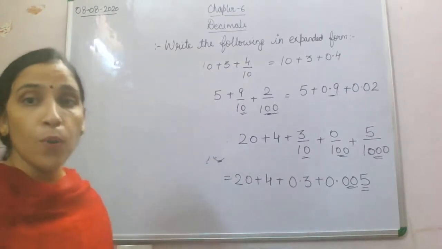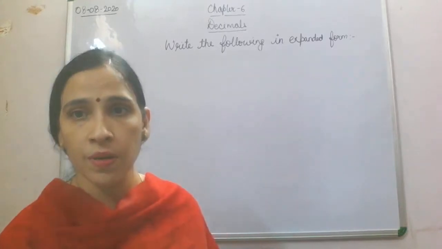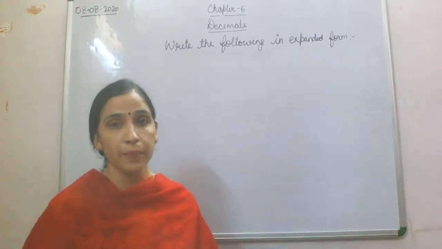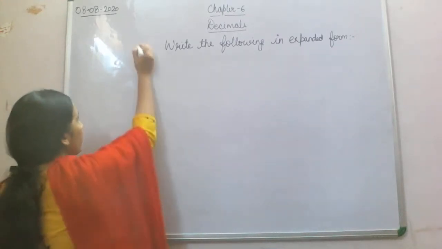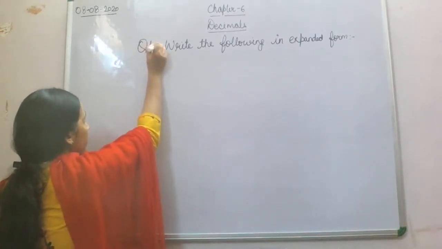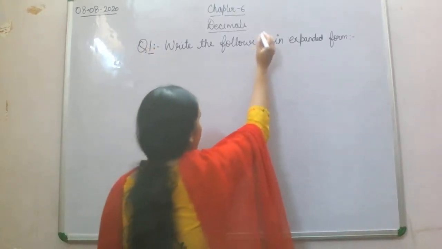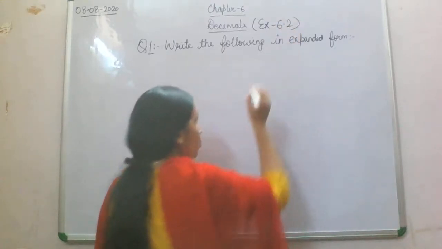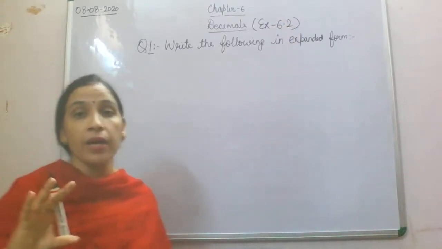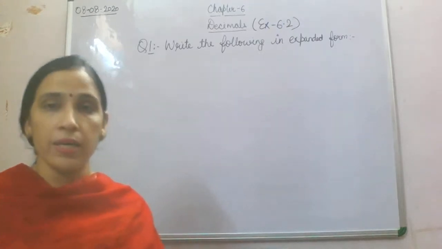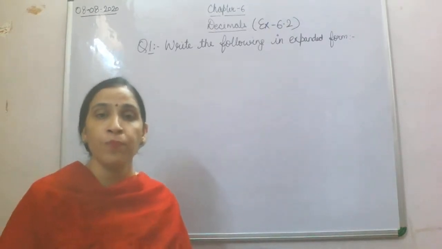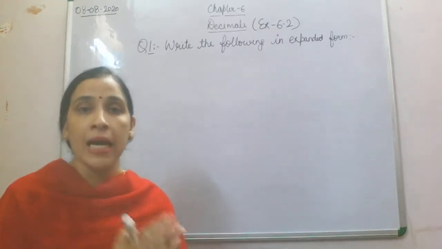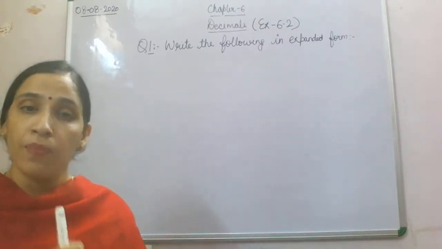It is very important to understand how to write a decimal number in expanded notation. If you understand this, then the concept of writing it into short form is quite easier for you all. If you write that particular number in expanded notation, you will be able to understand the place values of different numbers and how to write it in short form.